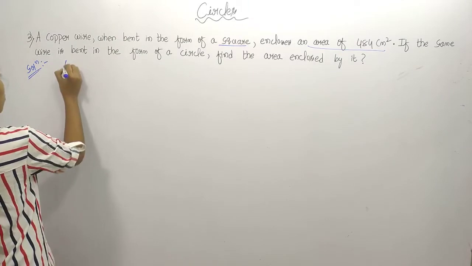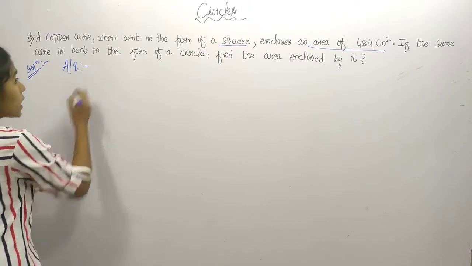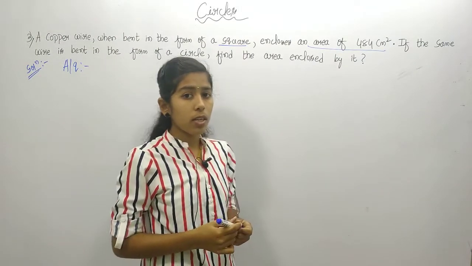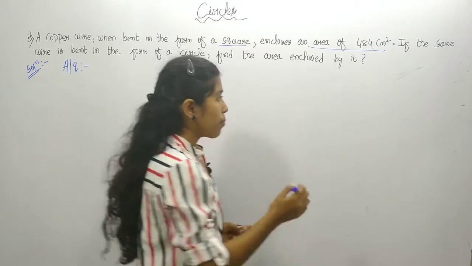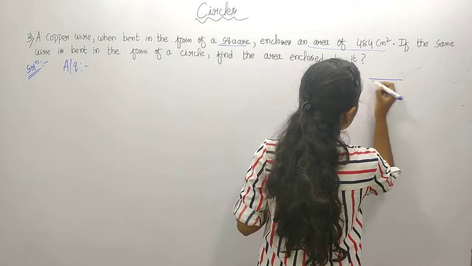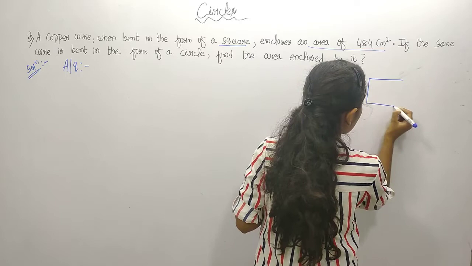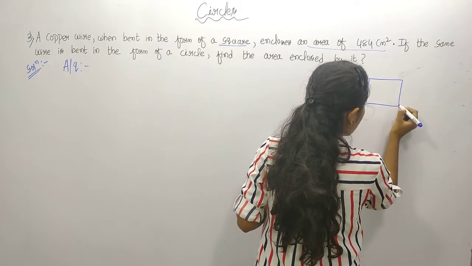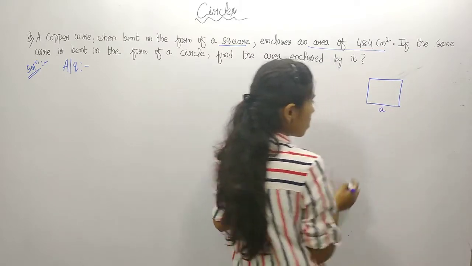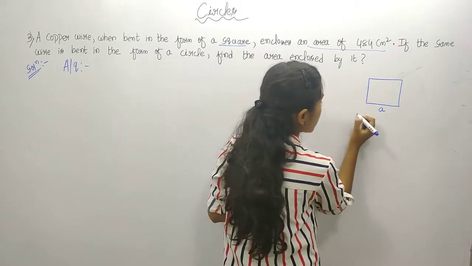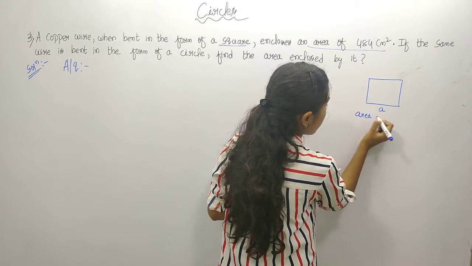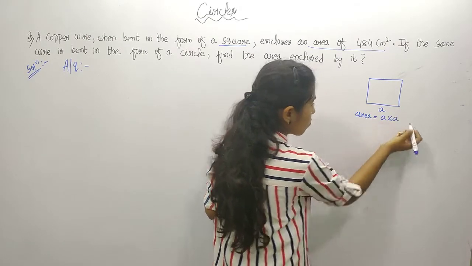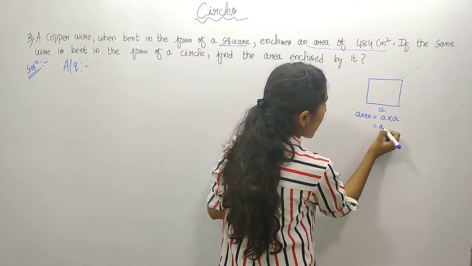So we already know, what is the area of a square? Side into side. Okay, one square is there. If you take this side as A, then the area of this square will be side into side, which will be A square.